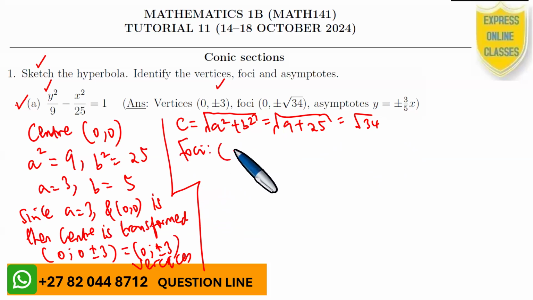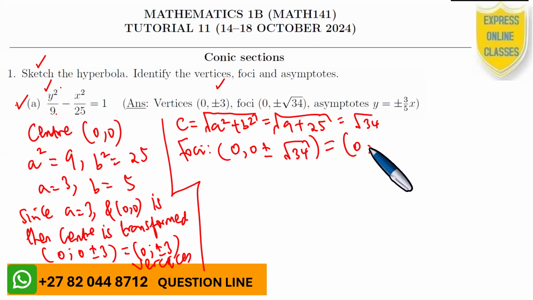The foci are obtained from the center, which is 0, 0, and this center is transformed accordingly, in which case we add and subtract from the y component because it's y with the a, which is plus or minus the square root of 34.